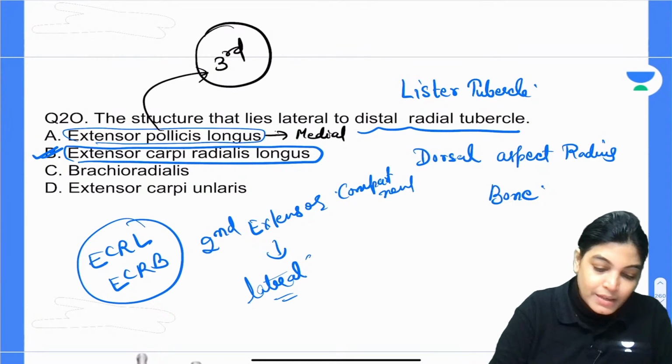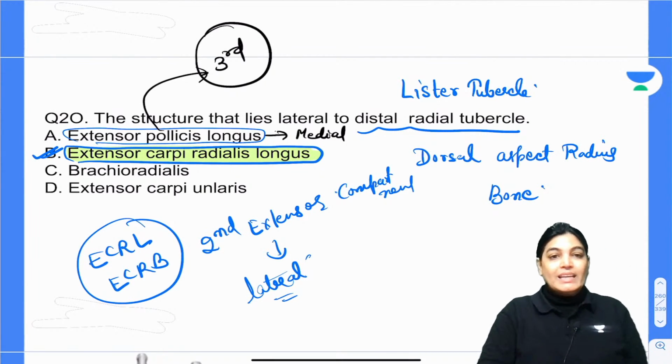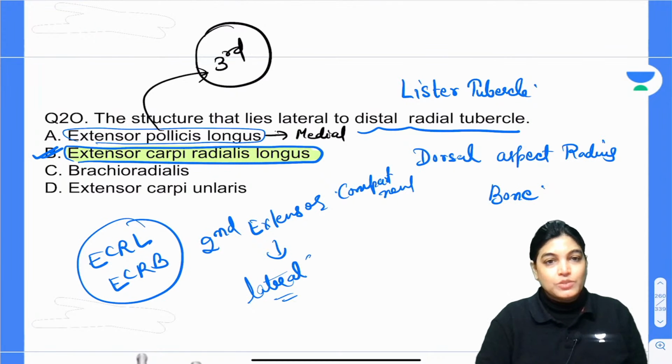If we have to choose one correct answer, we will go with extensor carpi radialis longus; ECRL and ECRB lie lateral to the distal radial tubercle.